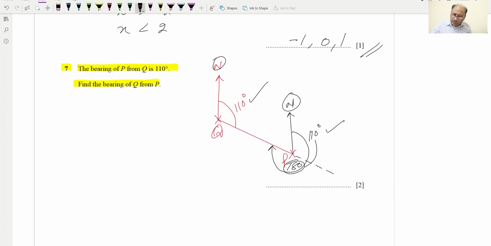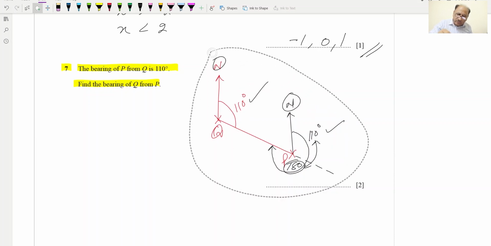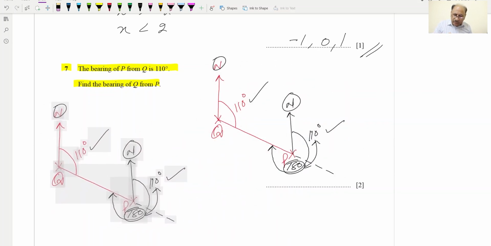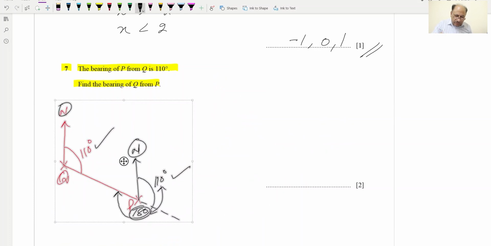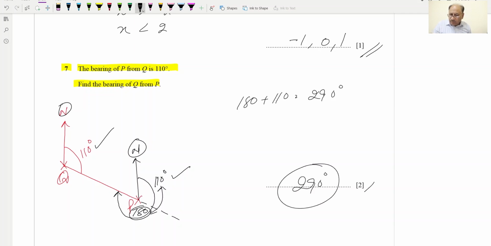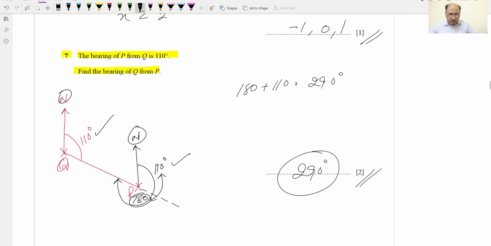So 180 plus 110. We can shift this whole drawing to this side, and we can write here 180 plus 110 is equal to 290 degrees, and 290 degrees will be our final answer for this question.